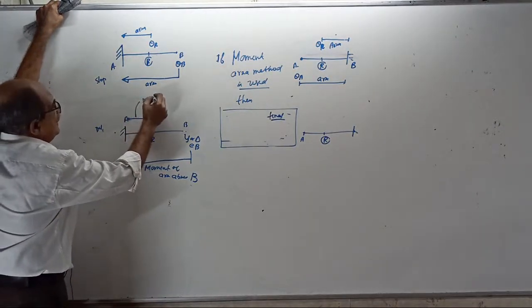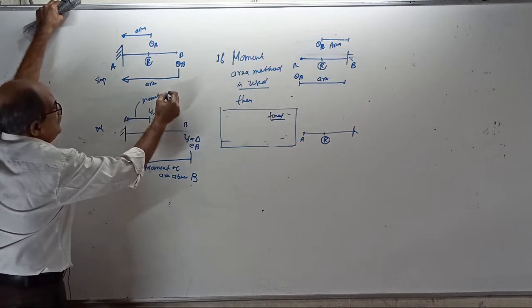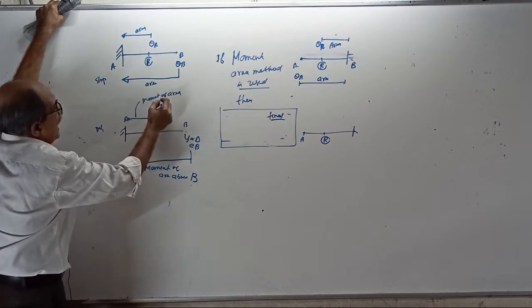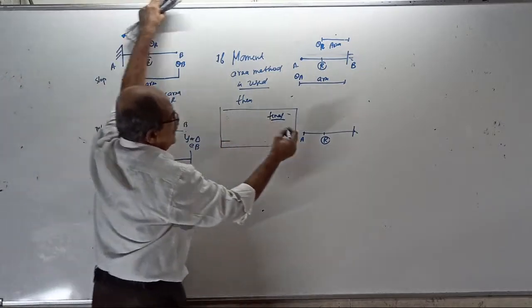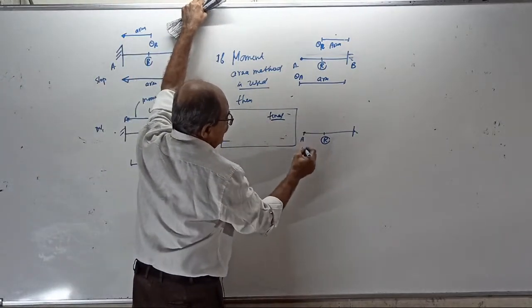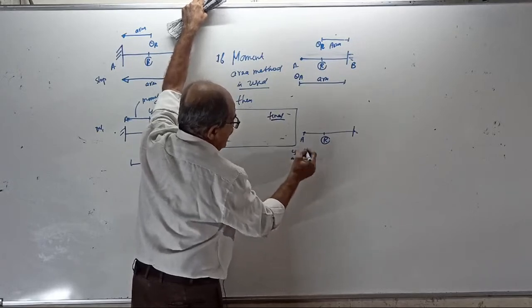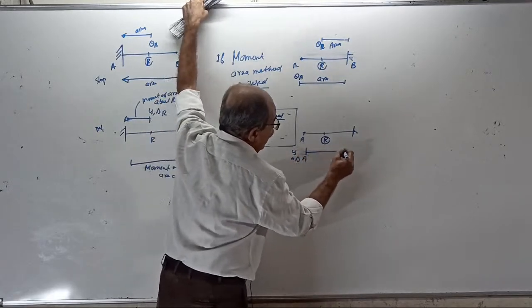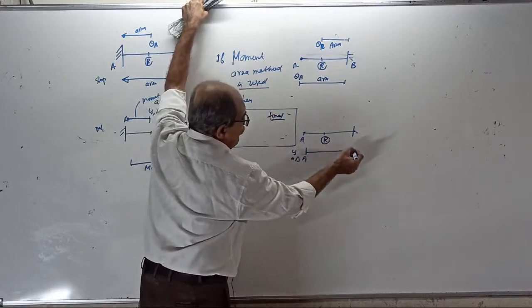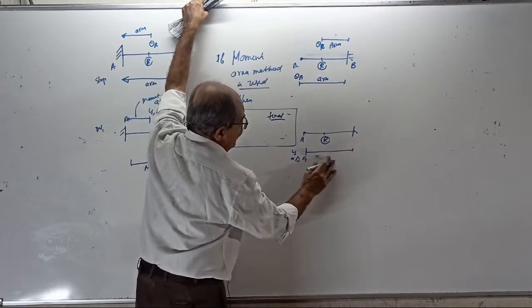Moment of this area about R. If I want deflection Y or delta at A, then take the full area from the free end up to the fixed end. What do you require?